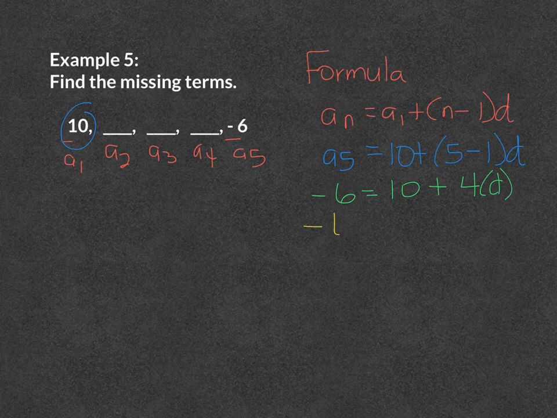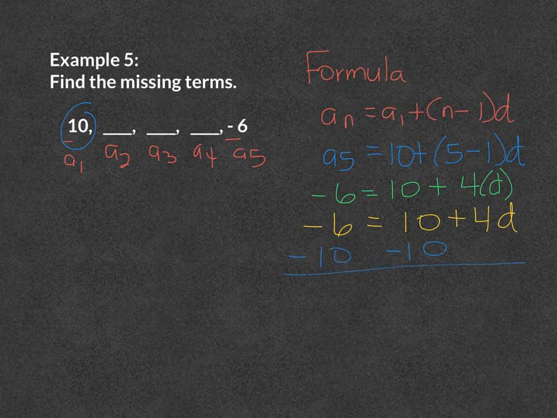I'm going to bring down negative 6 equals 10 plus 4d. Now I want to move 10 to the other side. So since it's positive, I'm going to subtract 10 from both sides. This will cancel out. I'm going to bring down 4d. Negative 6 and negative 10, I add those together and keep the same sign, gives me negative 16.